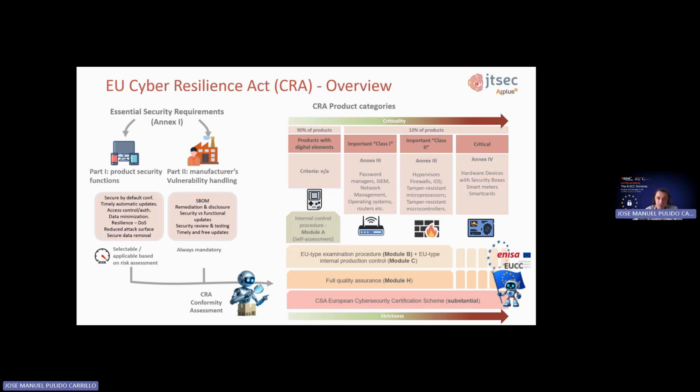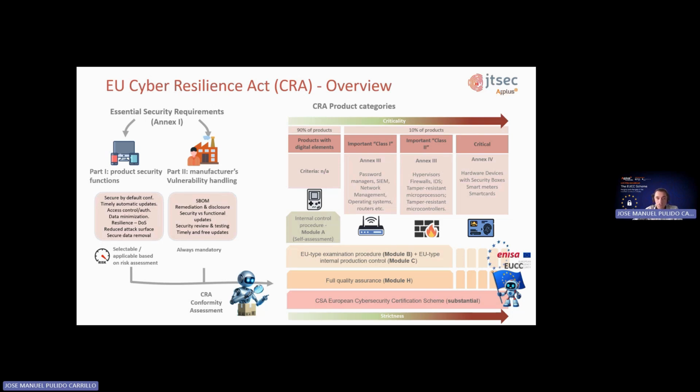So methods such as self-assessment will be available only for products that are non-critical and non-important. For critical and important products, it is possible to use assessment methods included in the New Legislative Framework, like Module B plus Module C, or Module H with full quality assurance.